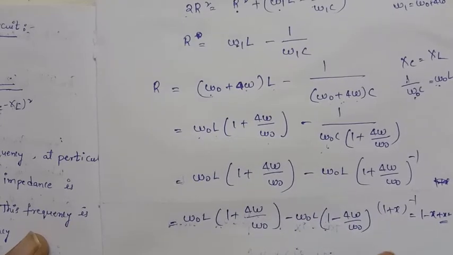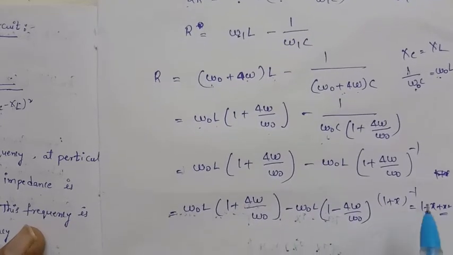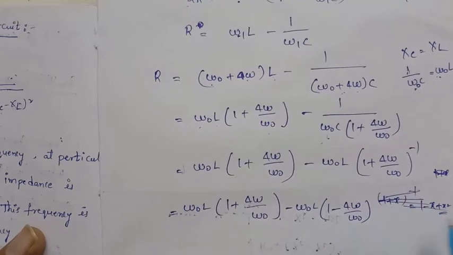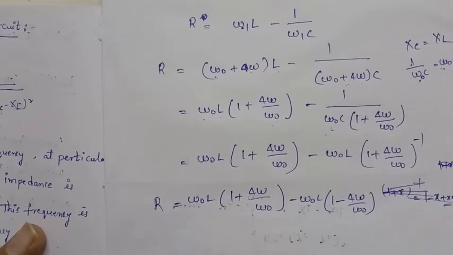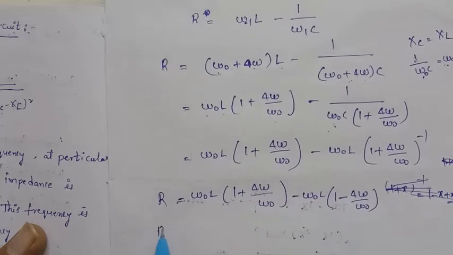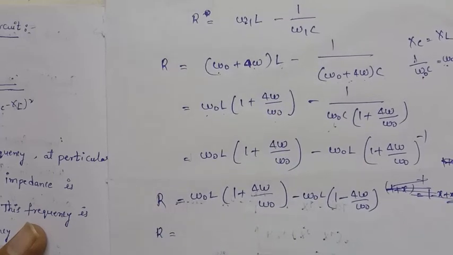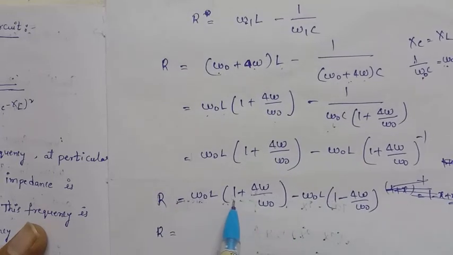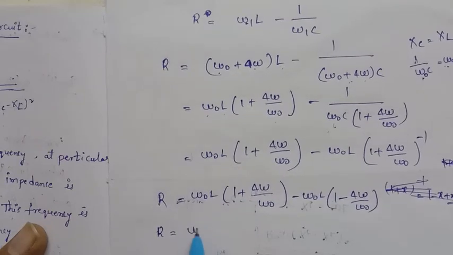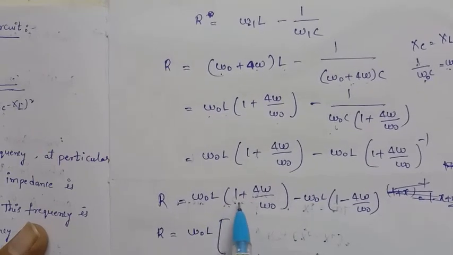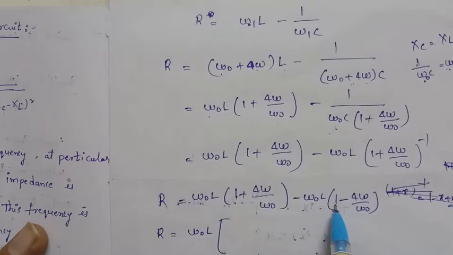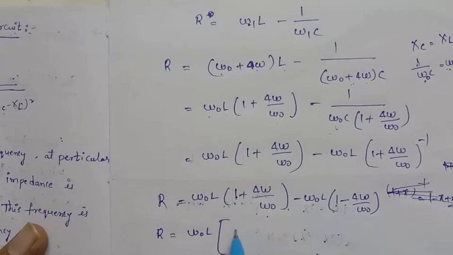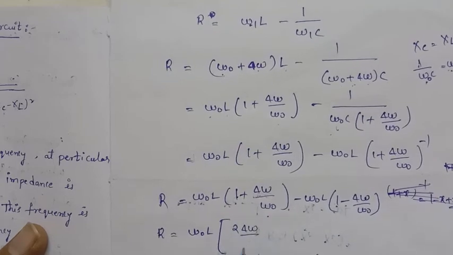The higher powers are neglected. So this is the expression for R. Take omega naught L in common: 1 and minus 1 get cancelled, and delta omega by omega naught, minus into minus, plus delta omega by omega naught, totally 2 delta omega by omega naught.